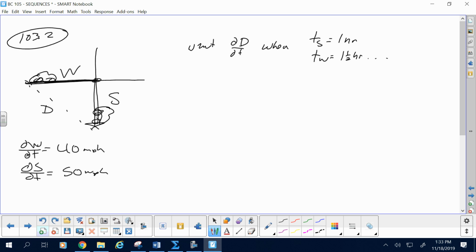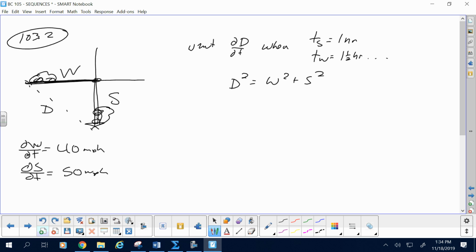What's the relationship mathematically? We got trig, we got Pythagorean theorem, what do you want? Okay, so Pythagorean theorem. D squared, or D is the square root? D squared? Okay, so D squared is W squared plus S squared by Pythagorean theorem.